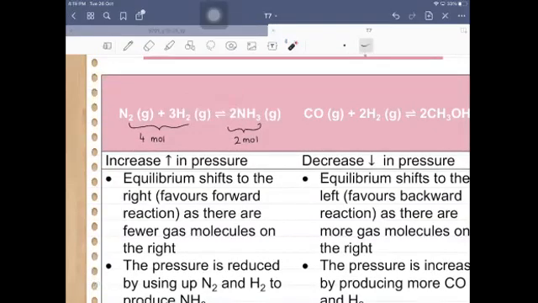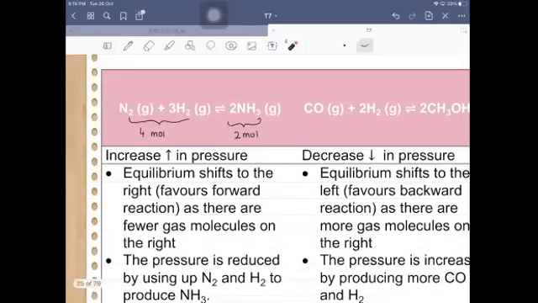If you want to be more specific, the pressure is reduced by using up the side with the big number of molecules, that is the nitrogen and the hydrogen, so that you produce a smaller number of molecules. Now you may be asking, why does a smaller number of molecules cause your pressure to be lower?